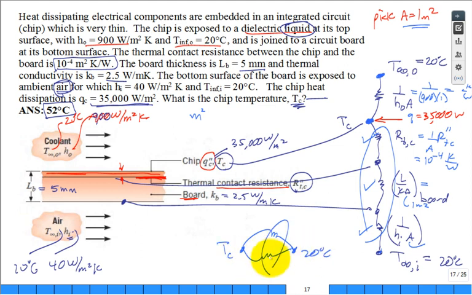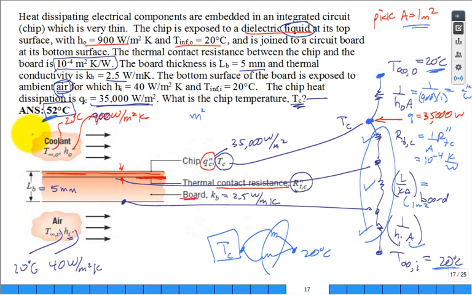These are in parallel. Voila. You can combine. You get one equivalent resistance for the whole network. A little harder if this is a different temperature than that one, but it's still doable. Okay? And then you calculate TC. TC comes in at 52.